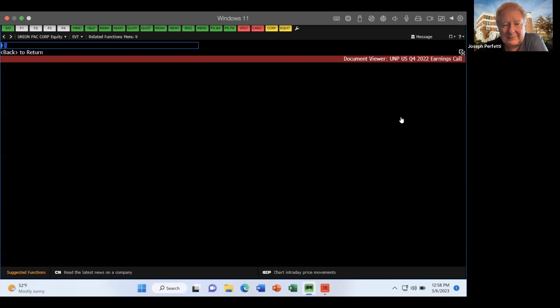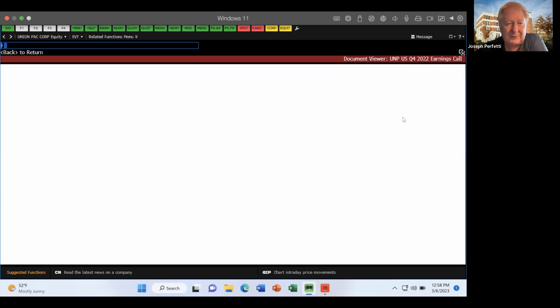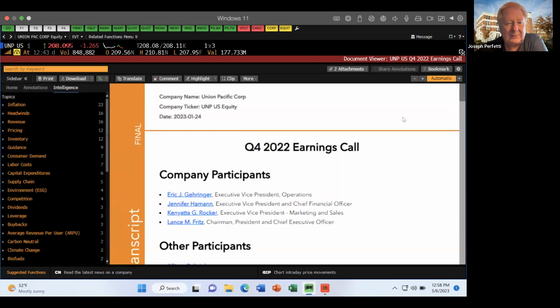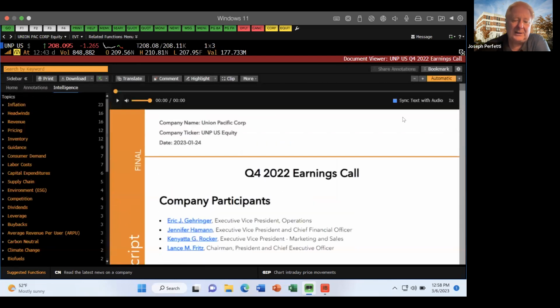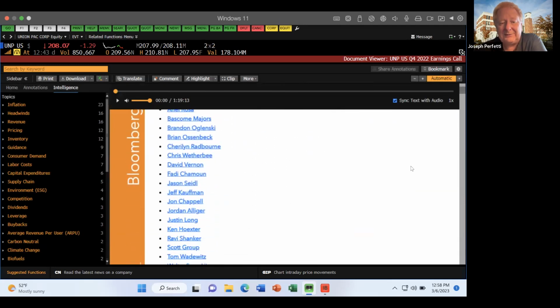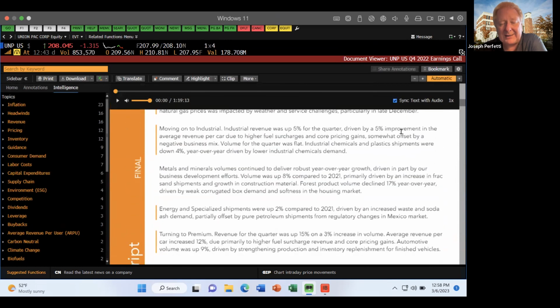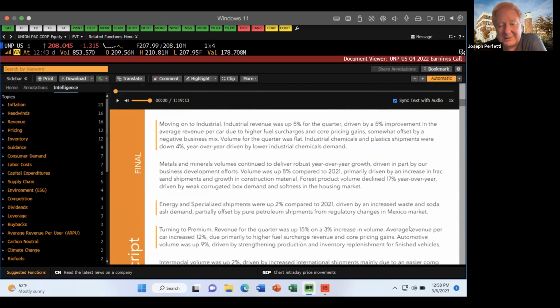And if you click on these little icons, this icon will actually load a transcript from the earnings call. So as the company is delivering its earnings call where the analysts were asking questions, Bloomberg is listening to that call and using technology to transcribe it in real time. And so this is the transcript of that earnings call and all of the questions that the analysts were asking and the answers that management was giving.